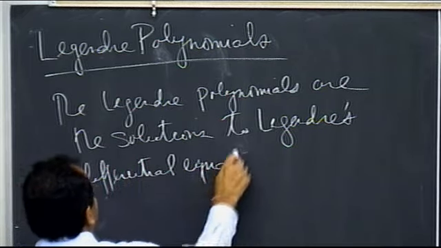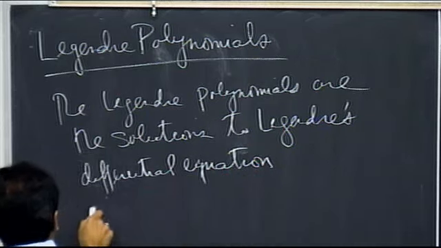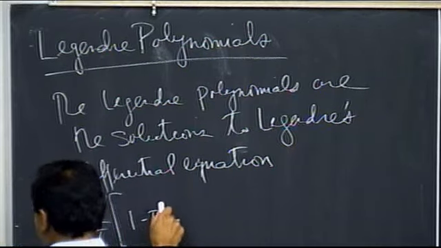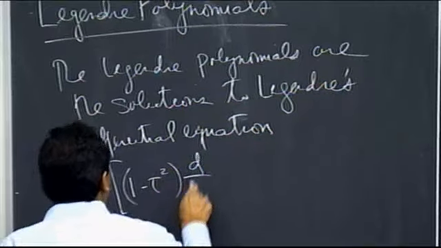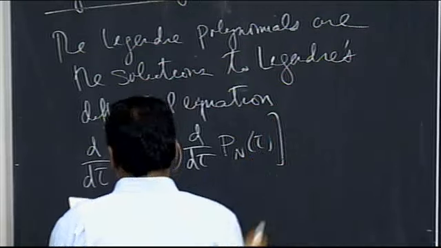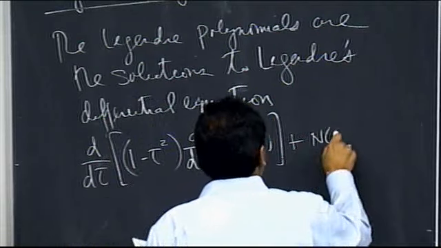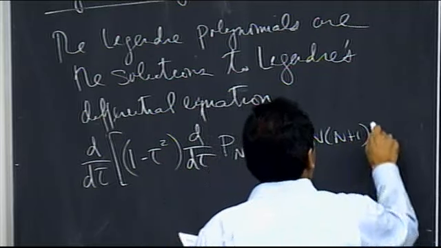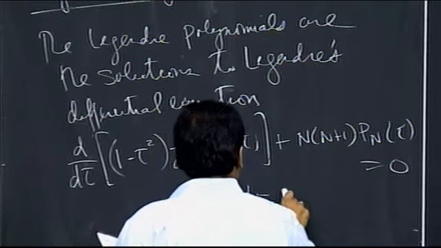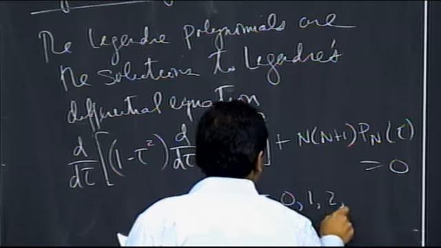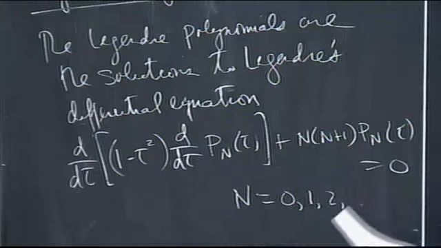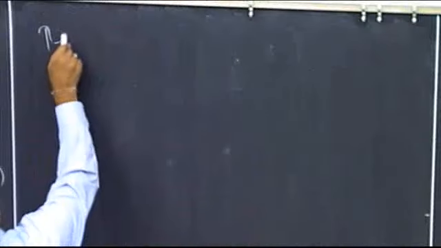And Legendre's differential equation looks like this, which is d by d tau of (1 minus tau squared) d by d tau of Pn of tau, plus n times (n plus 1) Pn of tau equals 0, and that goes for n equals 0, 1, 2, and so on.